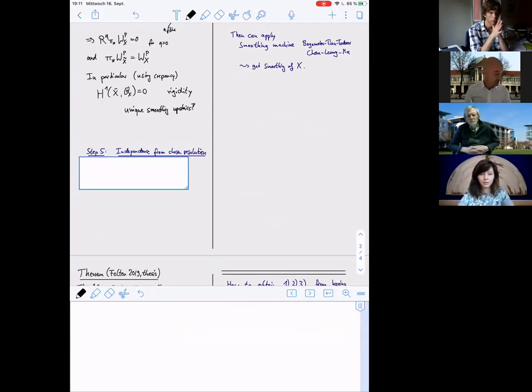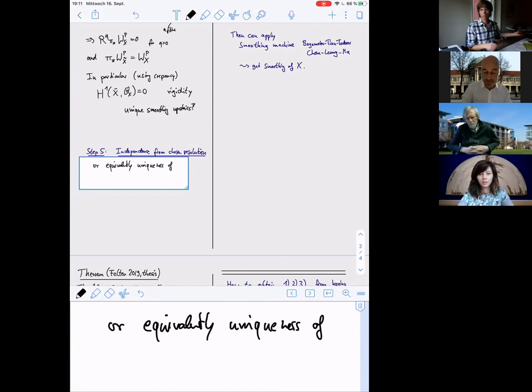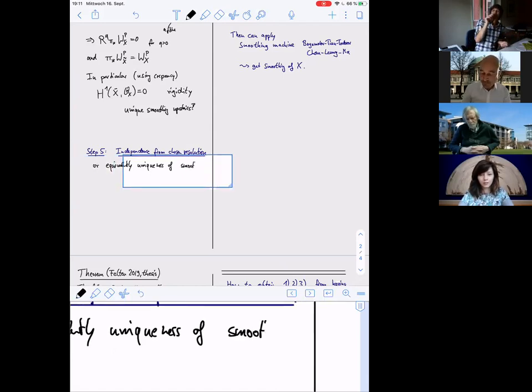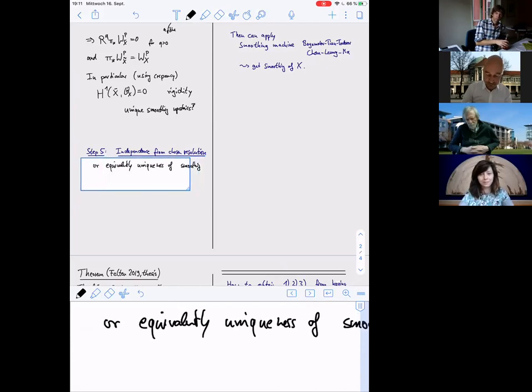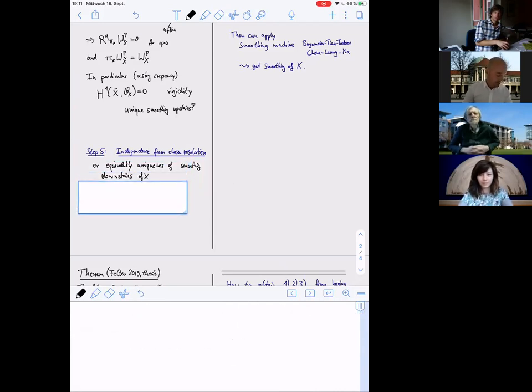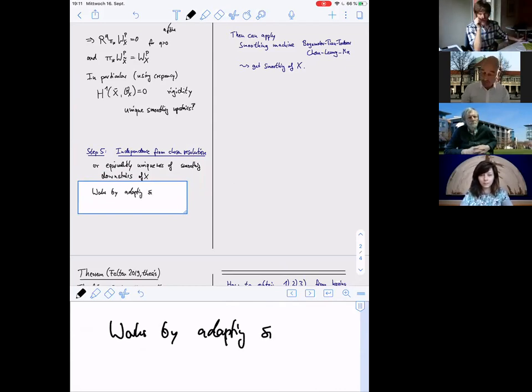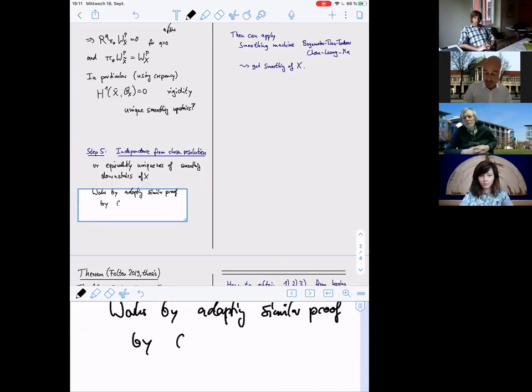Obviously, independence of the chosen resolution, or equivalently, the uniqueness of the deformation of the smoothing downstairs, of X. So this works by adapting a similar proof by Gross and Siebert.